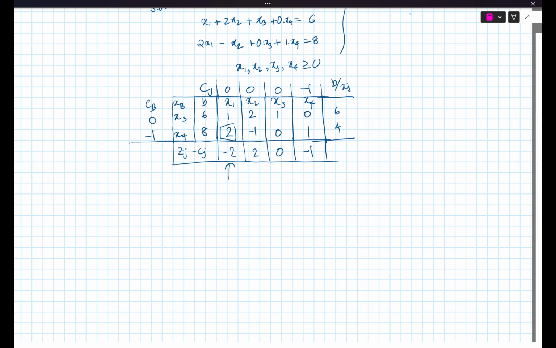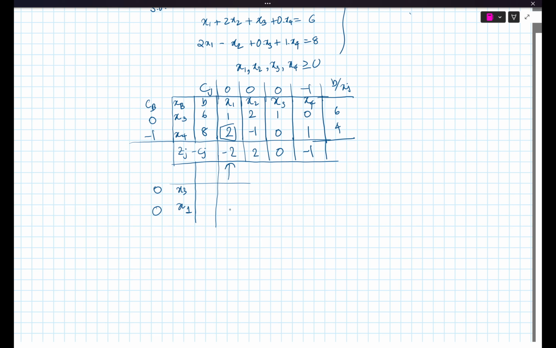So if I do that, x3 and x1, the x3 coefficient is 0, x1 is also 0.